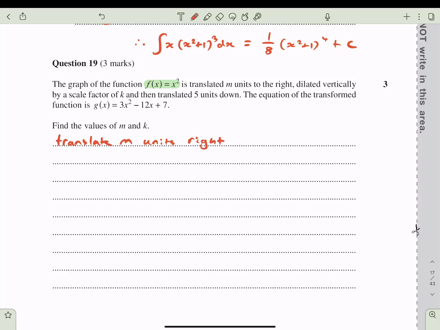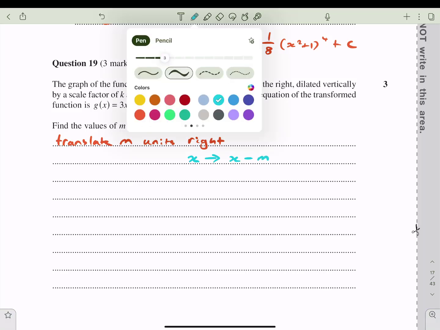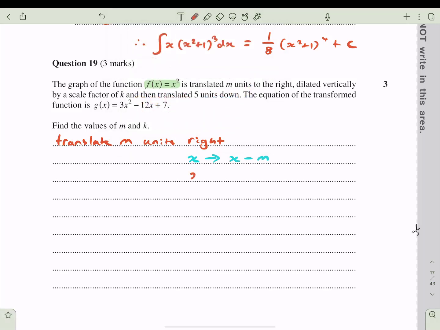That's our first step. Whenever we translate horizontally, we must replace every x with x minus m. So when we originally had f(x) equals x squared, that now turns into (x minus m) all squared. That's my first transformation done.